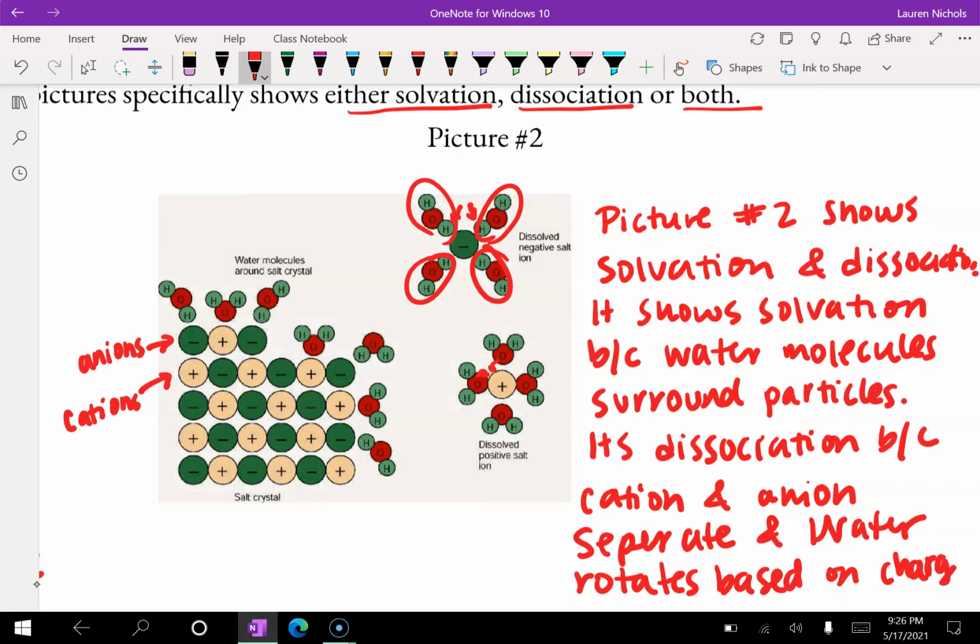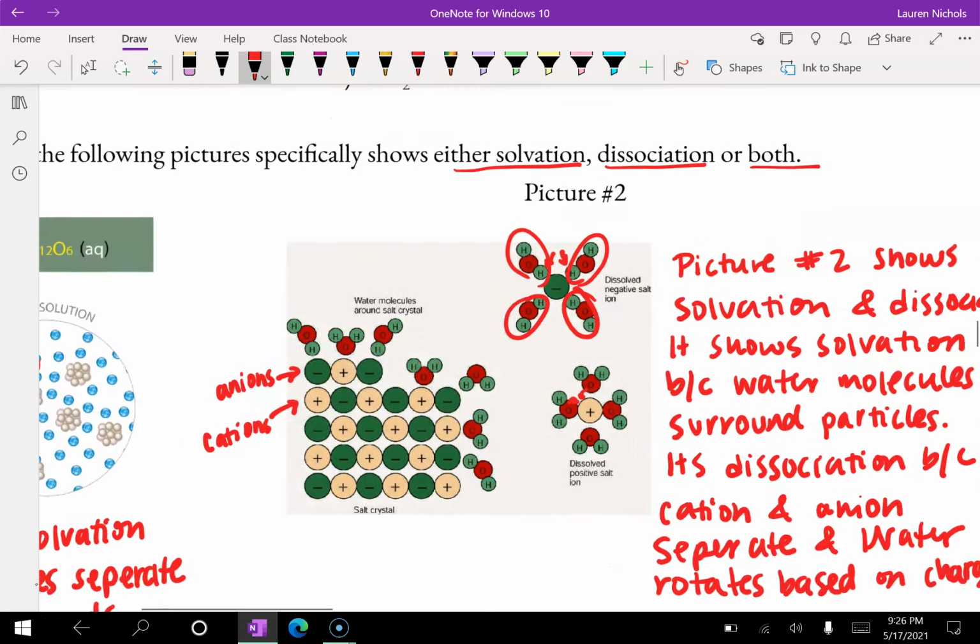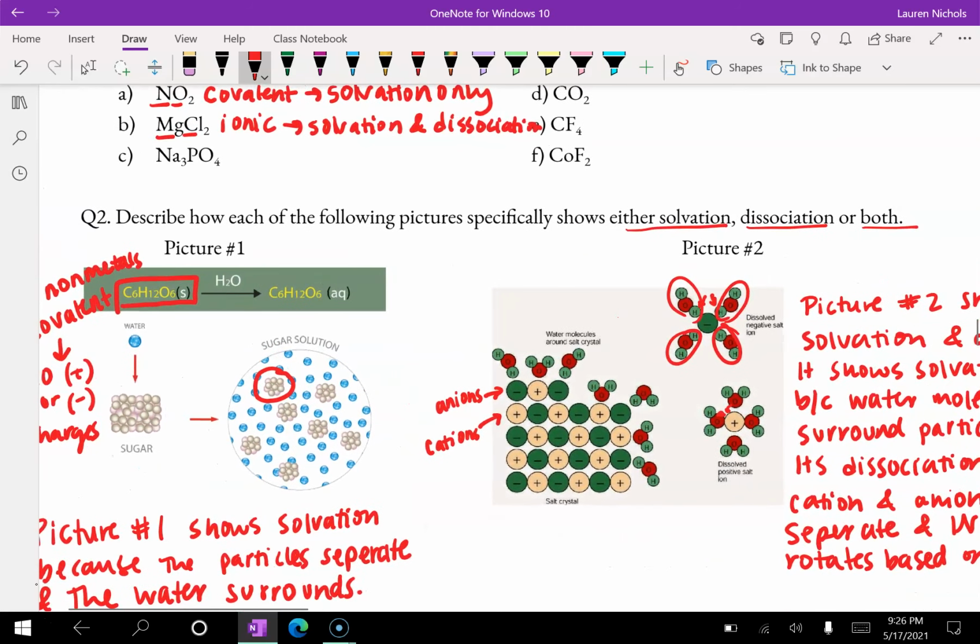How the oxygen is near the cation and the anion has the hydrogen surrounding it. And so that is solvation and dissociation. And that's the last part of your Unit 2 review.